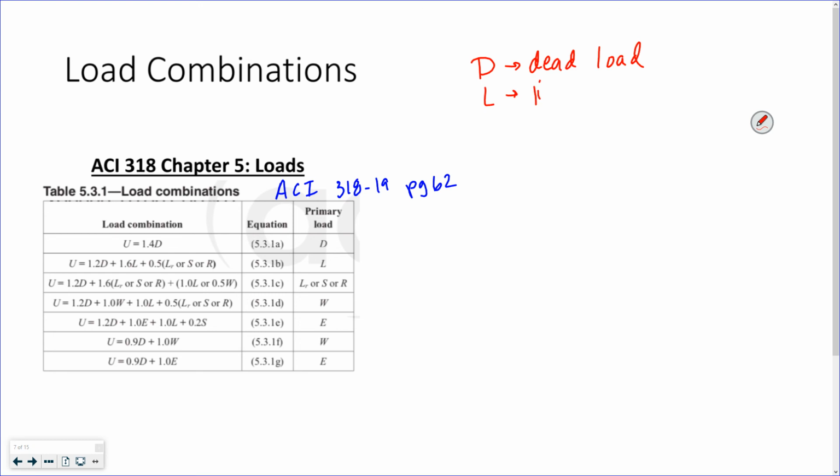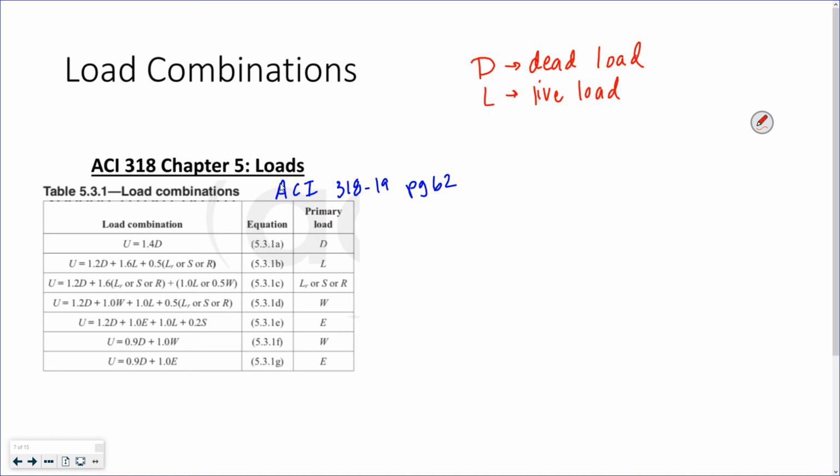L is your live load. That's anything that moves, whether or not it's alive. So that would be people, but it could also be furniture, temporary walls, right? Like your little cubicle walls, those can move, even though they won't be moving. Your desks are probably not moving too much, but yeah, that's your live load.